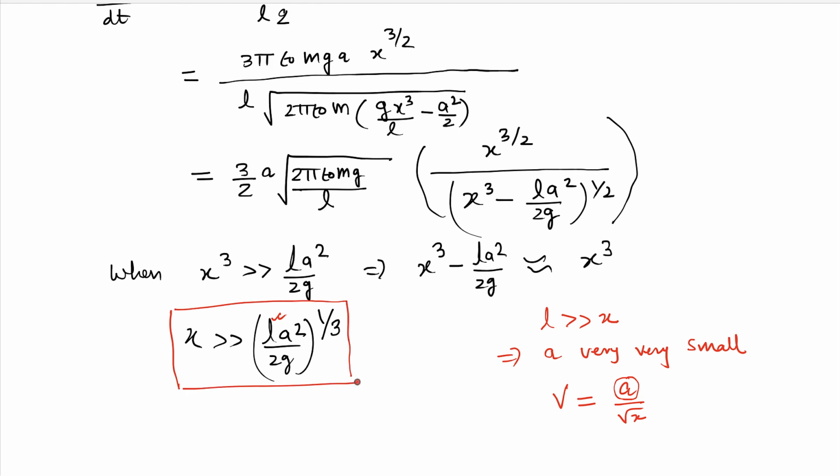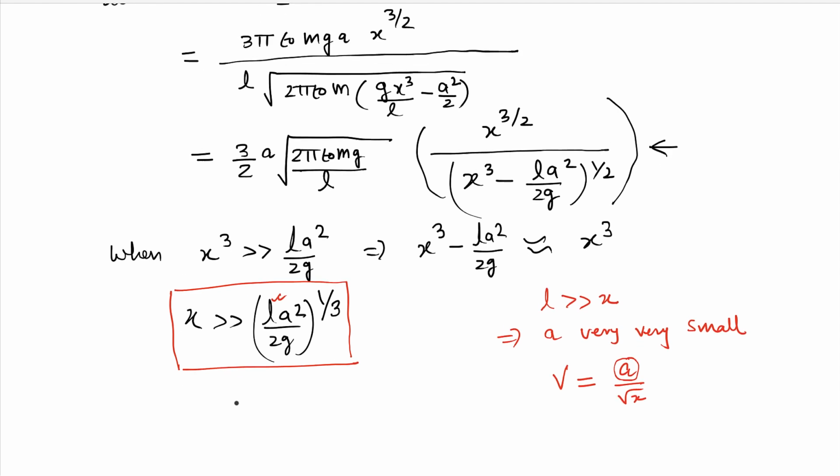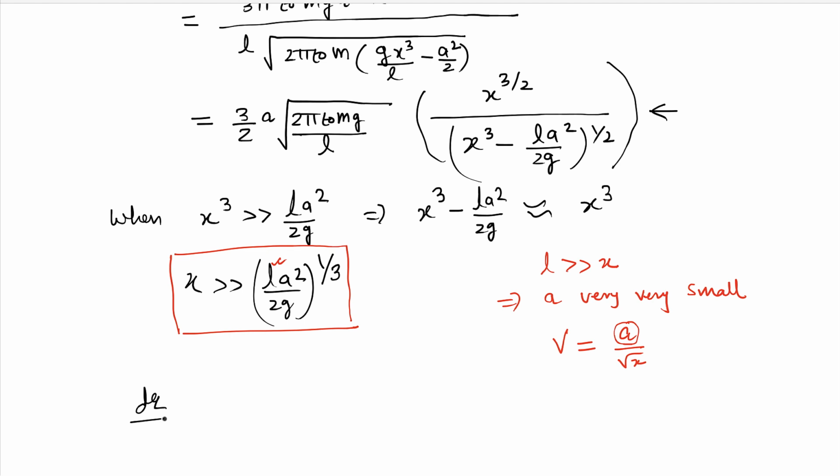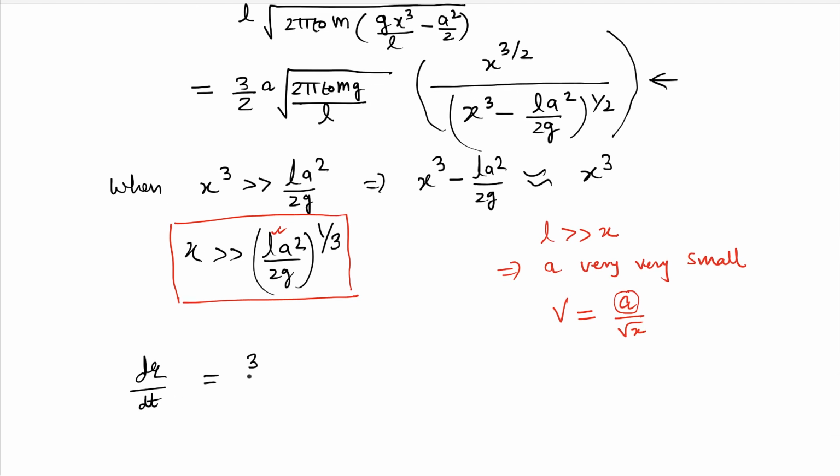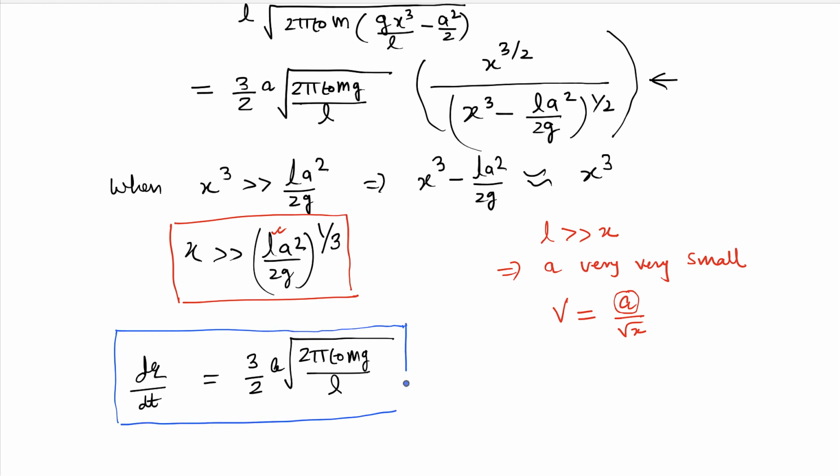Only under this assumption, if we go back to this equation, then dq by dt is 3 by 2 a times 2 pi epsilon naught mg by L, which is also equal to the dq by dt which we got from the equilibrium condition.